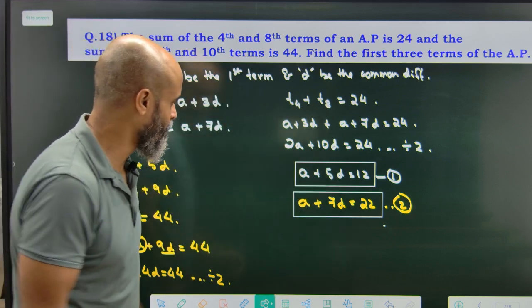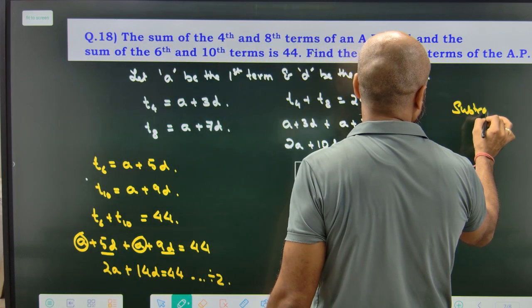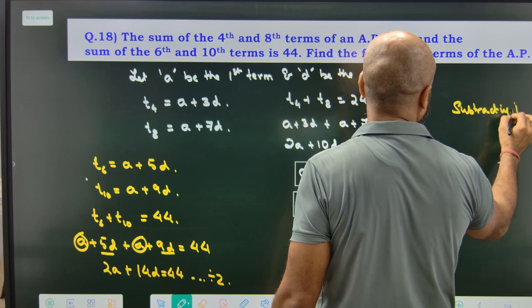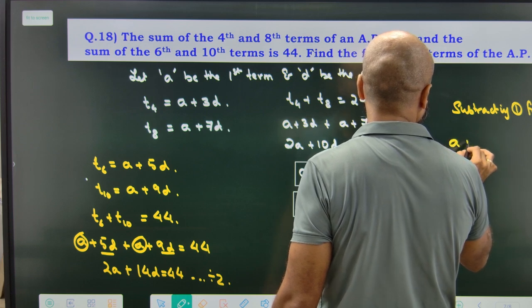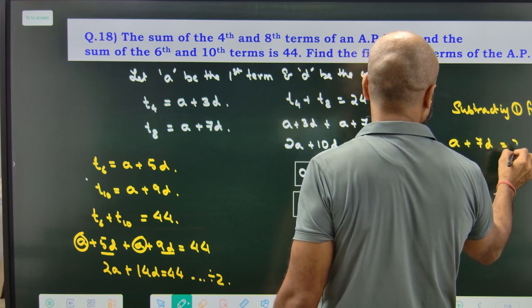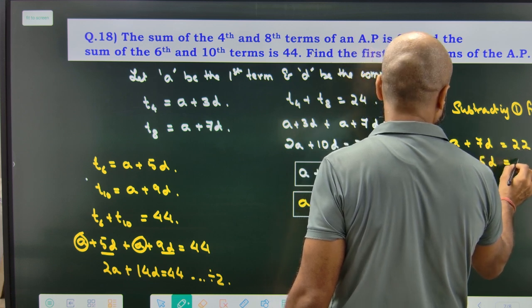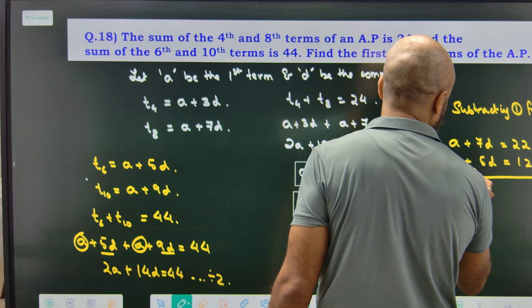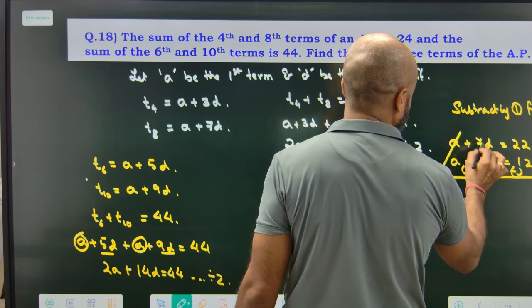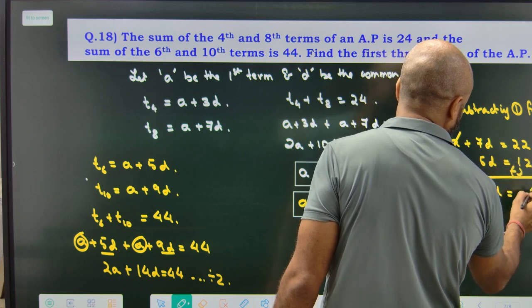Okay, now find the first three terms. So if I do a subtraction here, subtracting 1 from 2, what do I get? A plus 7D is equal to 22 and A plus 5D is equal to 12. If I subtract, this A cancels. This is how much? 2D is equal to 10.